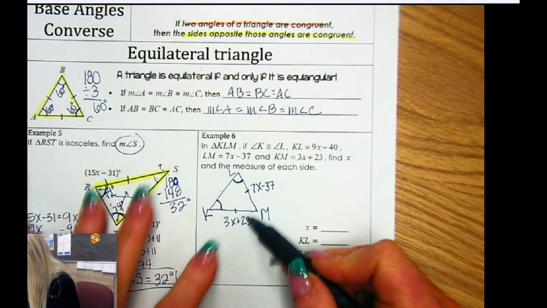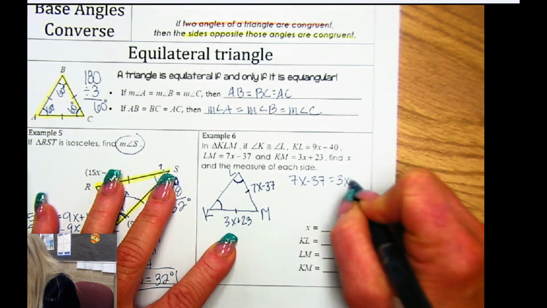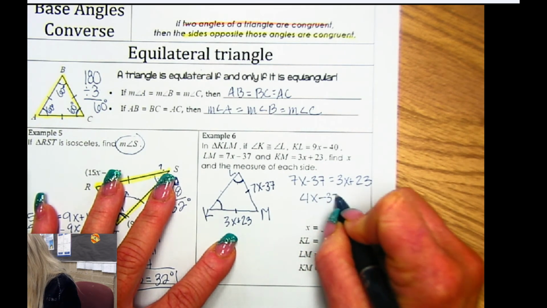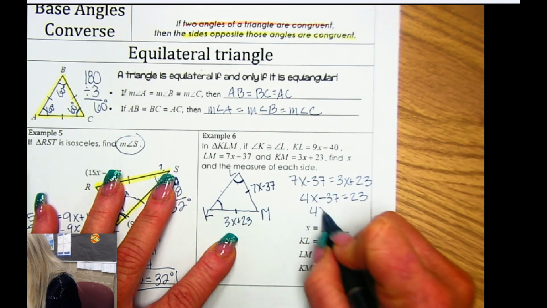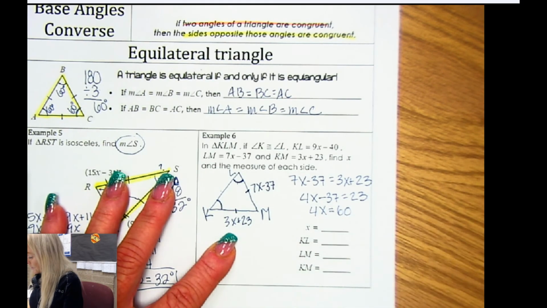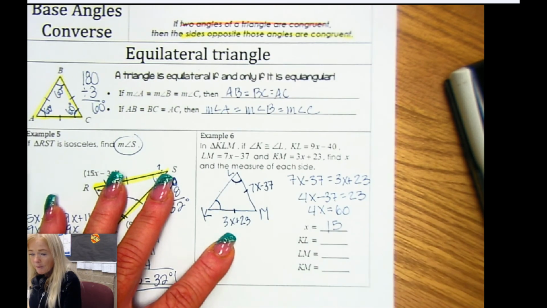Whatever the case, these are congruent sides, so we can set 7x minus 37 equal to 3x plus 23, and then solve. If we subtract 3x, we get 4x minus 37 is 23, and then if we add 37 to both sides, we get 60. 4x equals 60, so x must be 15 if you divide by 4.